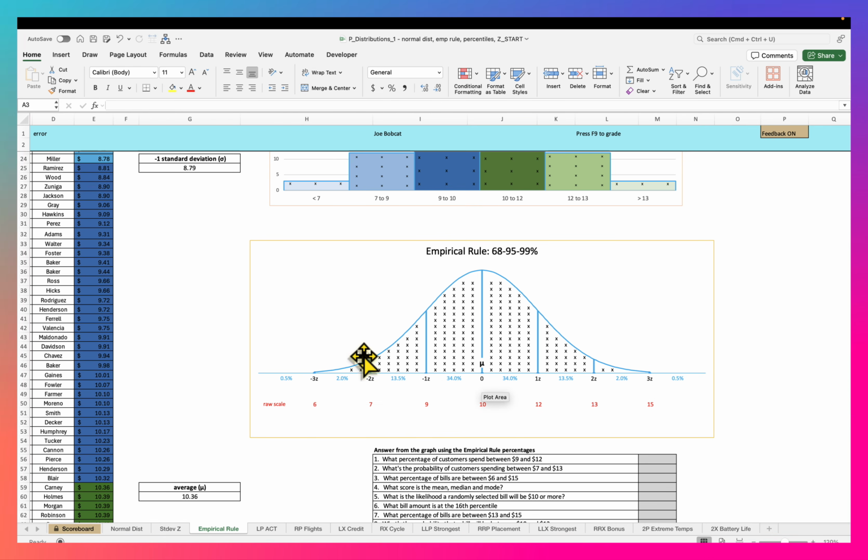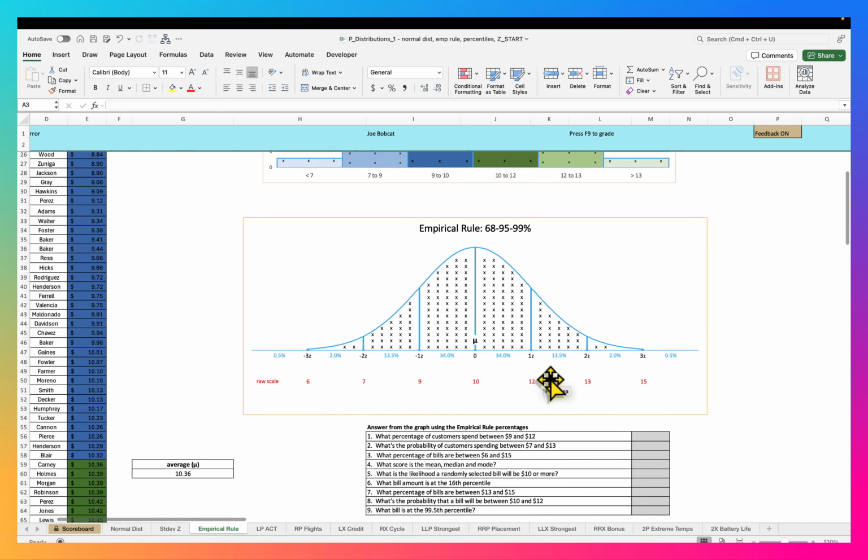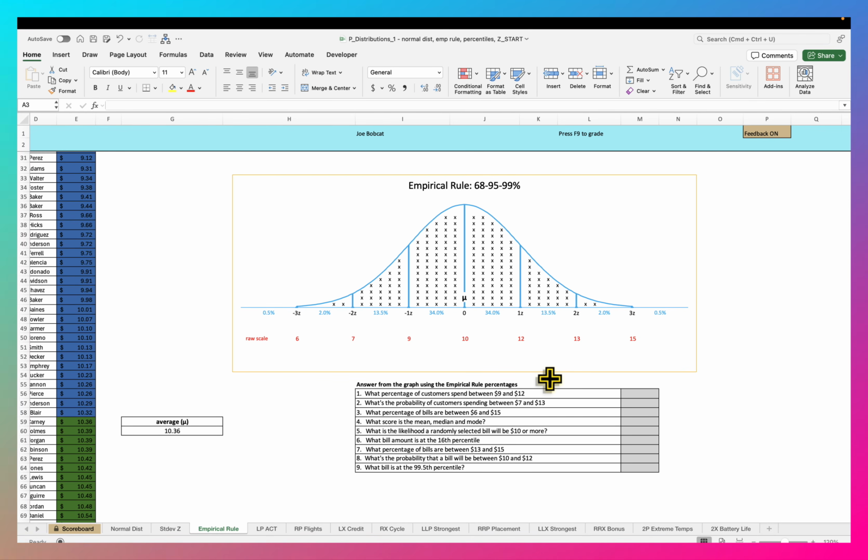And if you take all of that, what's left is 1% to get to 100, so that's why we end up beyond 3 standard deviations with 0.5% over here and 0.5% over here. So if you memorize 68, 95, 99, you'll be able to basically on the back of a napkin create this distribution and write down the percentages and actually be able to answer questions like this.